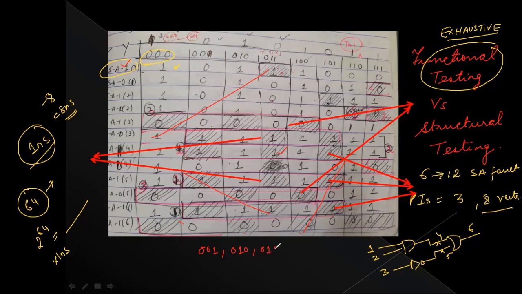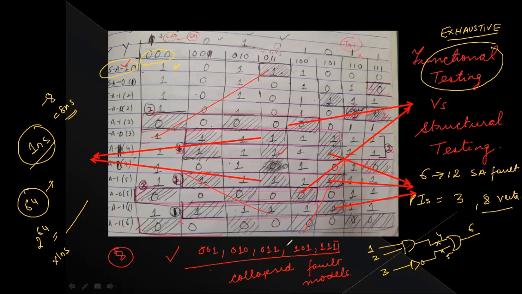Then 0 1 1, 1 0 1 and 1 1. तो ये मिनिमम मेरे 5 टेस्ट वेक्टर्स हैं which are required to test all by collapsed fault models. मतलब जो मेरा reduced set of fault models रह जाता है उसको टेस्ट करने के लिए मुझे पूरे 8 वेक्टर्स को रन करने की जरूरत नहीं है, but I can do with only this 5 subset of vectors.